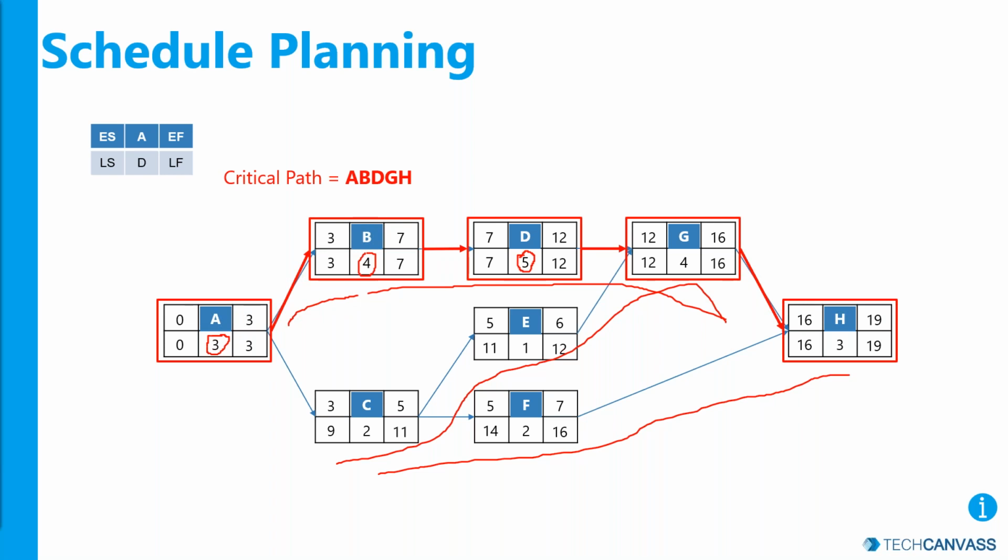It has a duration of 4 plus 3 is 7, 12, 16, plus 3 is 19. So this project is going to run for 19 days or weeks, whatever the estimates are. You would typically baseline this and commit to the customer these start dates and end dates of the project, and that you would be executing within these limits. This is your schedule planning and baseline.